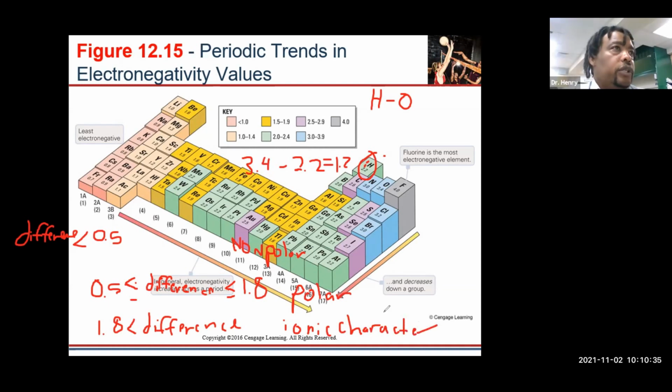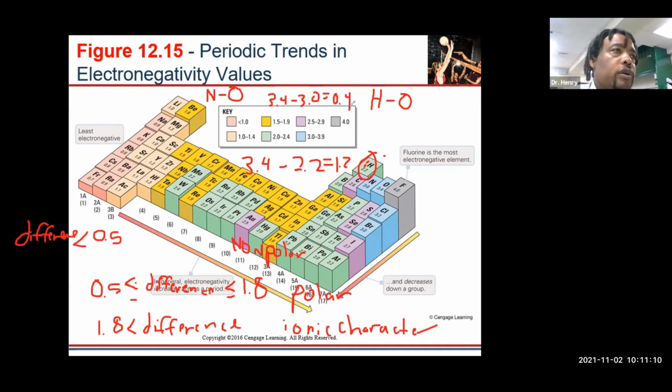Let's say we take a look at a bond between nitrogen and oxygen. Nitrogen is 3.0, oxygen is 3.4. So 3.4 minus 3.0 equals 0.4.